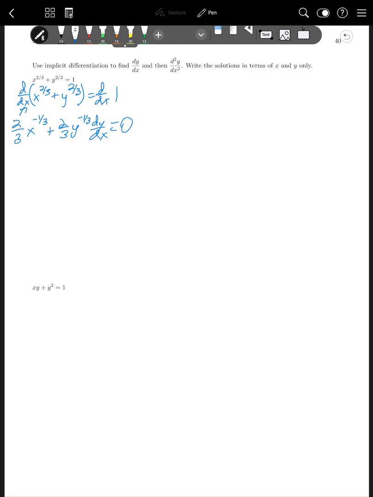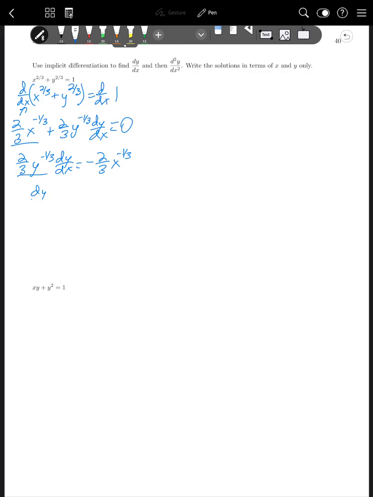So subtract this term from both sides. So we get 2/3 y to the negative 1/3 dy/dx equals negative 2/3 x to the negative 1/3, and then divide both sides by this.